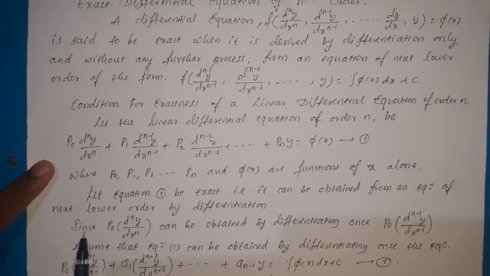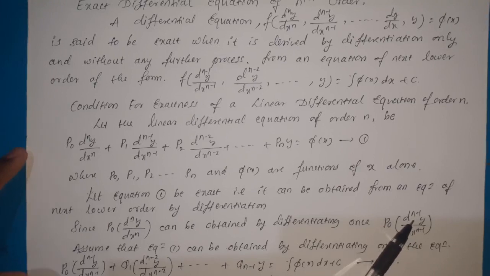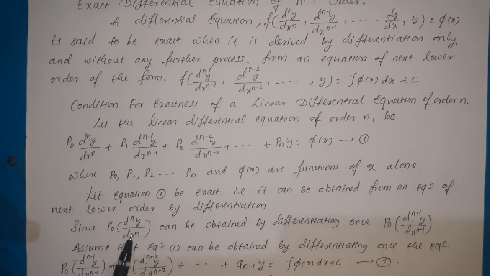Now, since p naught d power n y by dx power n can be obtained by differentiating once p naught d power n minus 1 y by dx power n minus 1, here it is the (n minus 1)th derivative. If you differentiate this once, that will become the nth derivative. So therefore this can be derived by this one, right? So assume that equation 1 can be obtained by differentiating once the equation.